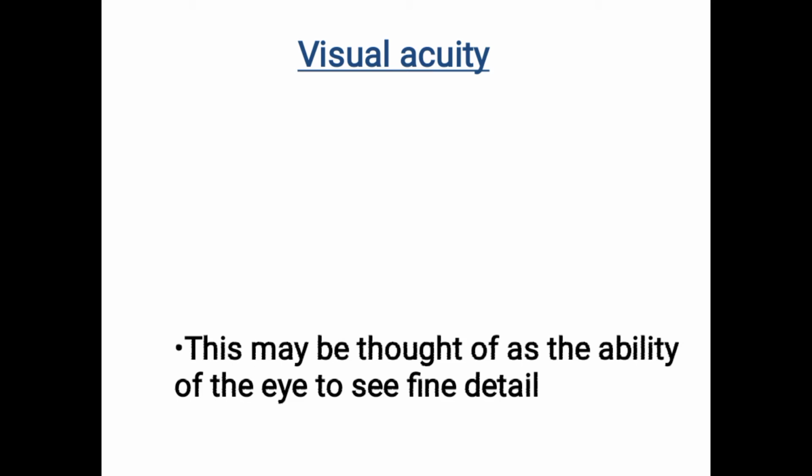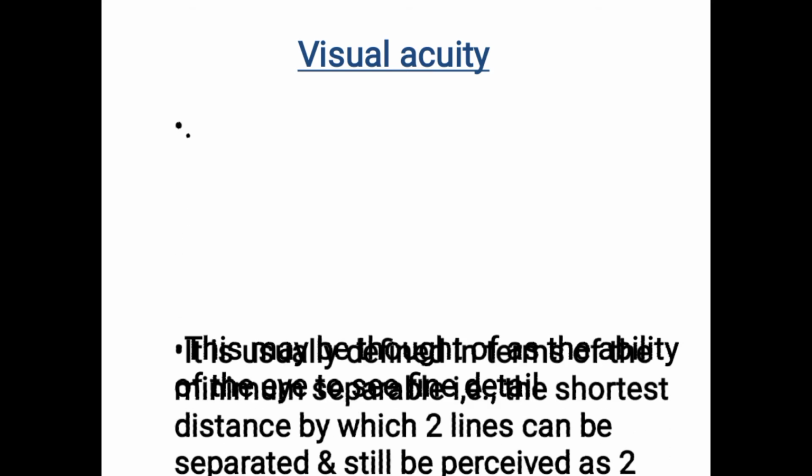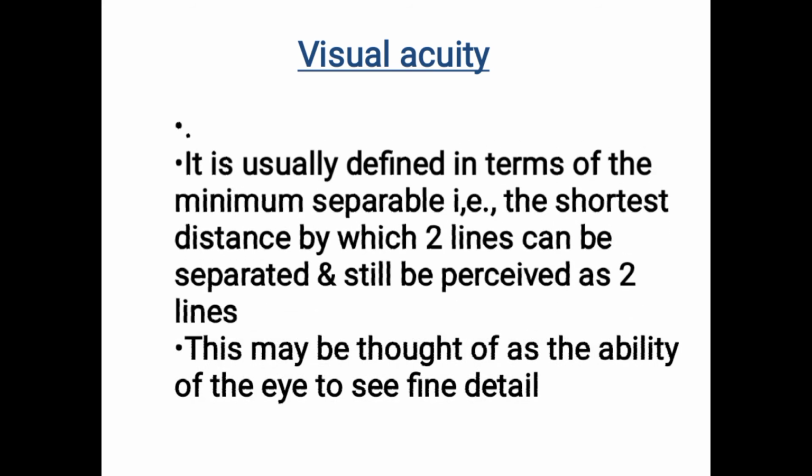Next, visual acuity. It is usually defined in terms of minimum separable distance, that is the shortest distance by which two lines can be separated and still be perceived as two lines.